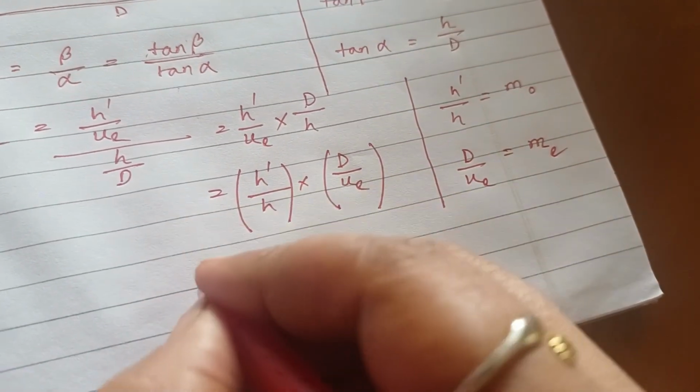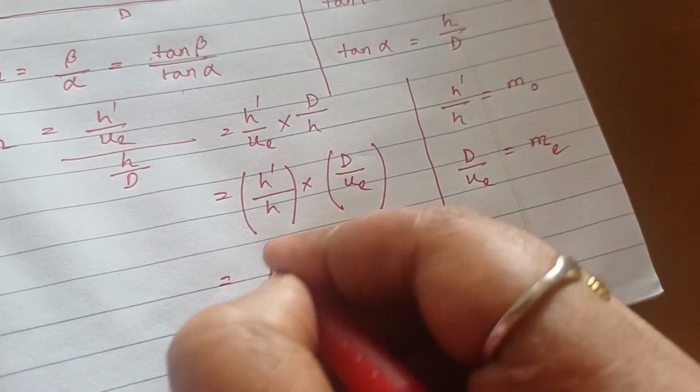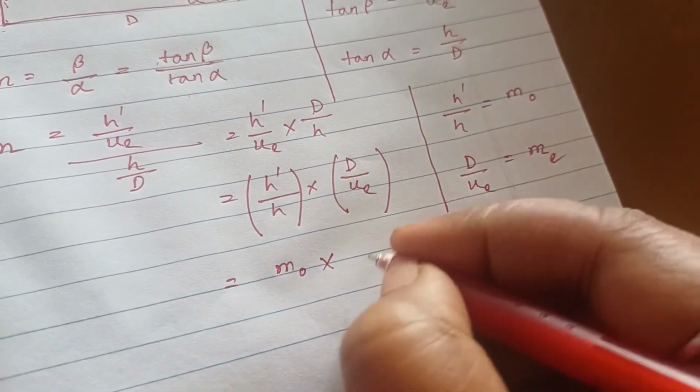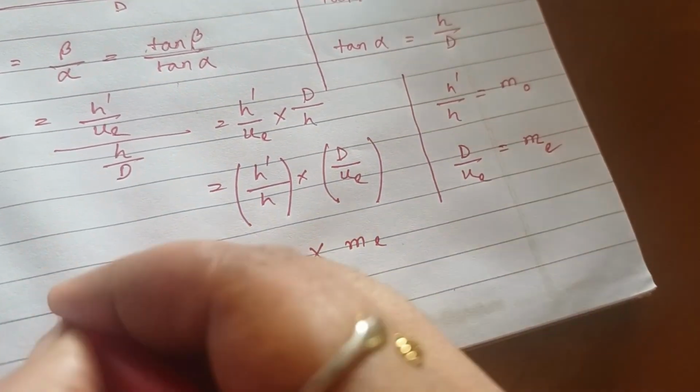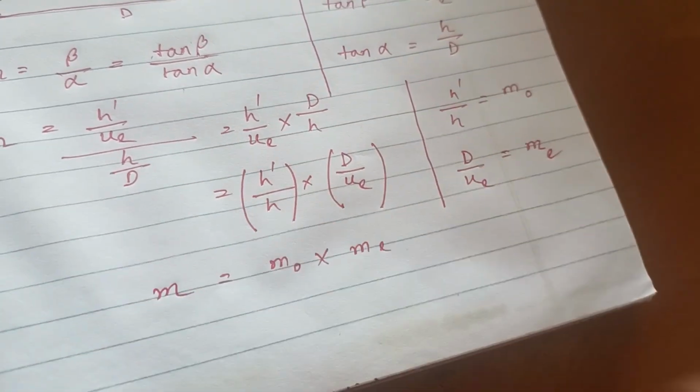So we can substitute them. It is MO into, this is ME. So the magnification of the compound microscope can be written as MO into ME. Okay.